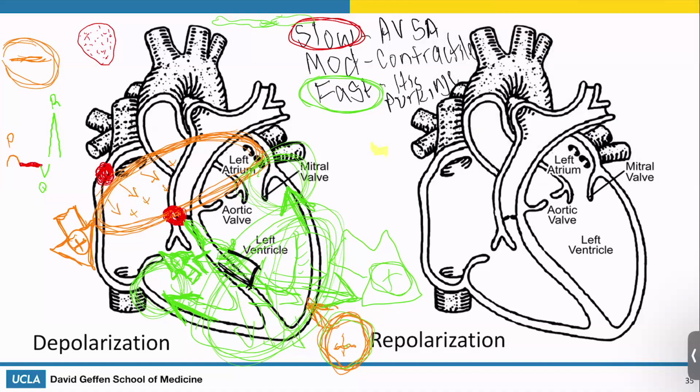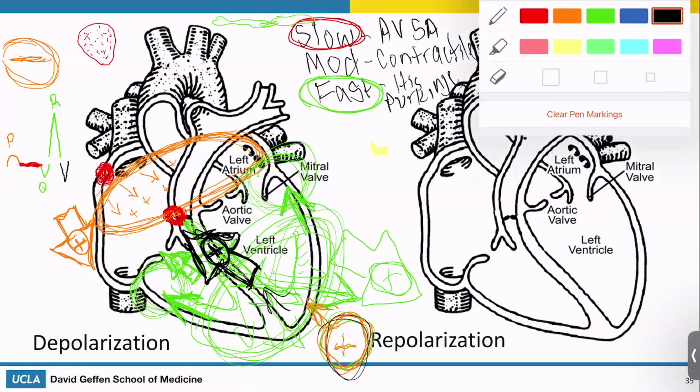It's a vector on a small area of the heart, positive but small, and it's moving away from a positive lead. So small, negative, fast, moving away from that positive electrode, in a small area of the heart.